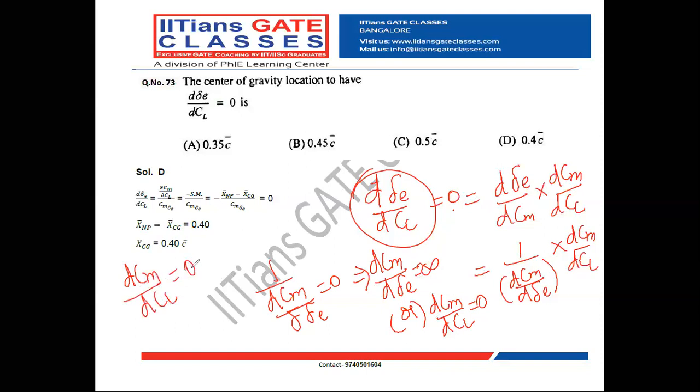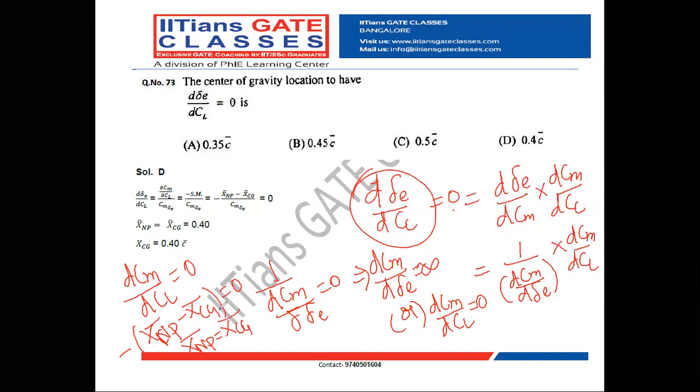So dCm by dCl equal to 0, which means minus of xnp bar minus xcg bar equal to 0. Minus, when it is 1 on the other side, it becomes 0. So xnp bar is nothing but equal to xcg bar.